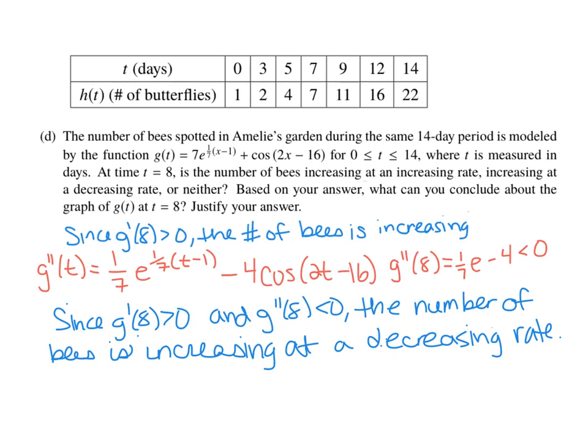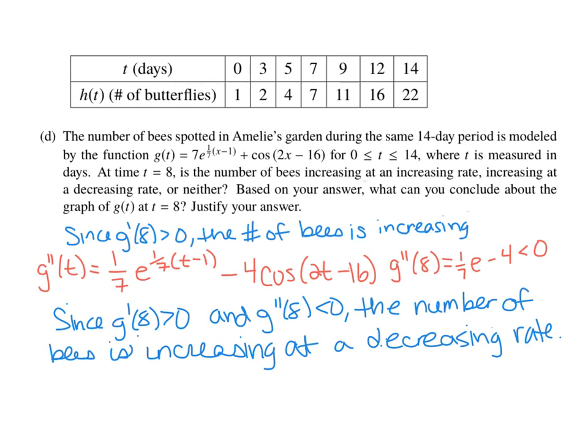So this actually is a pretty good summary: since g prime of 8 is greater than 0, g double prime of 8 is less than 0, the number of bees is increasing at a decreasing rate. The last thing that they ask you on this is, based on your answer, what can you conclude about the graph of g of t at t equals 8? So I can actually conclude 2 things.